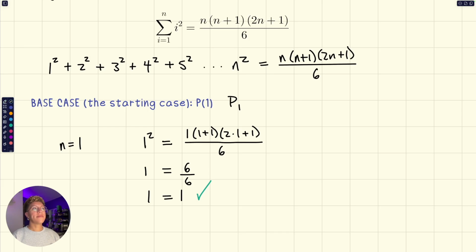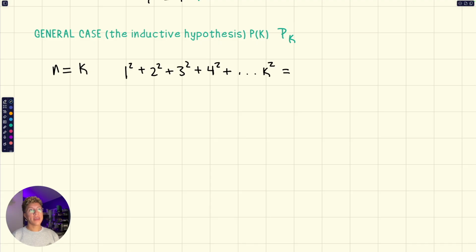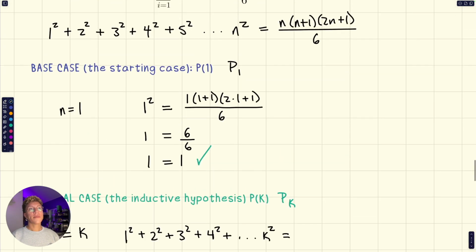Go ahead and pull that in. Our general case is, again, when n is equal to k. So we say n is equal to k. This is our assumption step. So we're just plugging it in. We're saying 1 squared plus 2 squared, all the squares up to n squared, which we're now saying is the kth number, so k squared, is equal to this formula here.